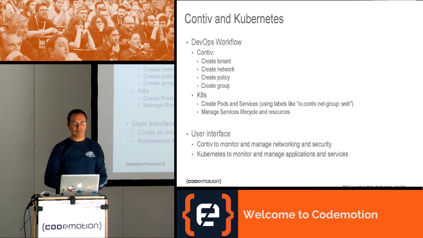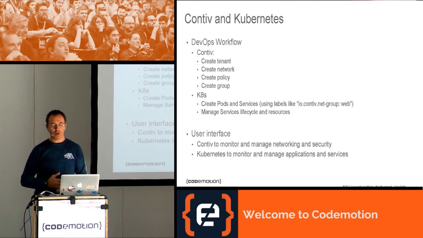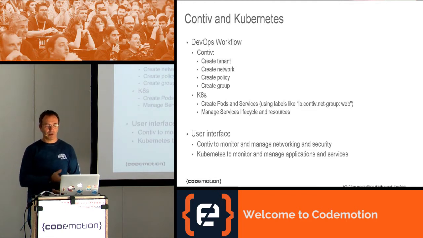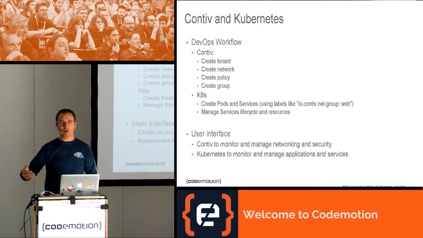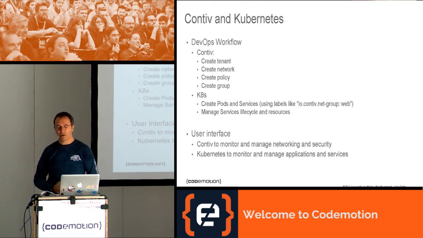So generally, you start working in Contiv, you create all the objects in the data model. So you create tenants, networks, policies, and groups. And then you go to your resource manager. In this case, it is Kubernetes, but could be Docker Swarm or the others. And you create your pods and services, attaching them to the networks or the groups that you have created.